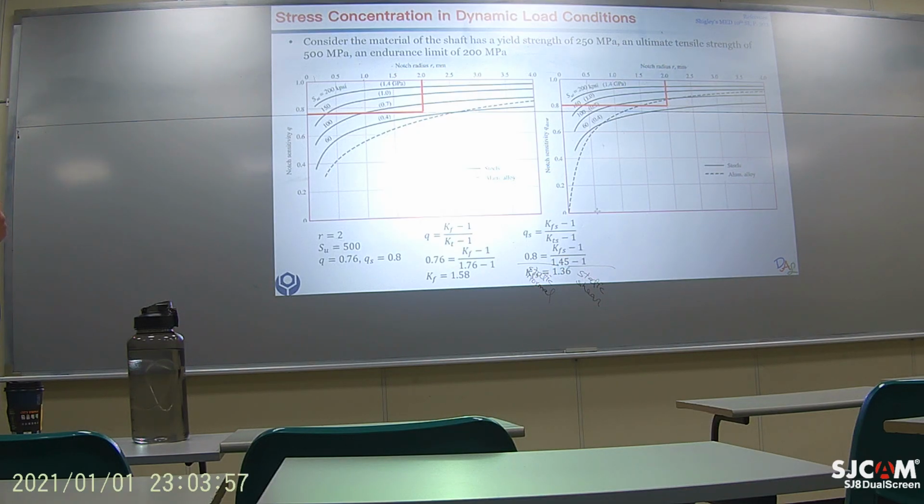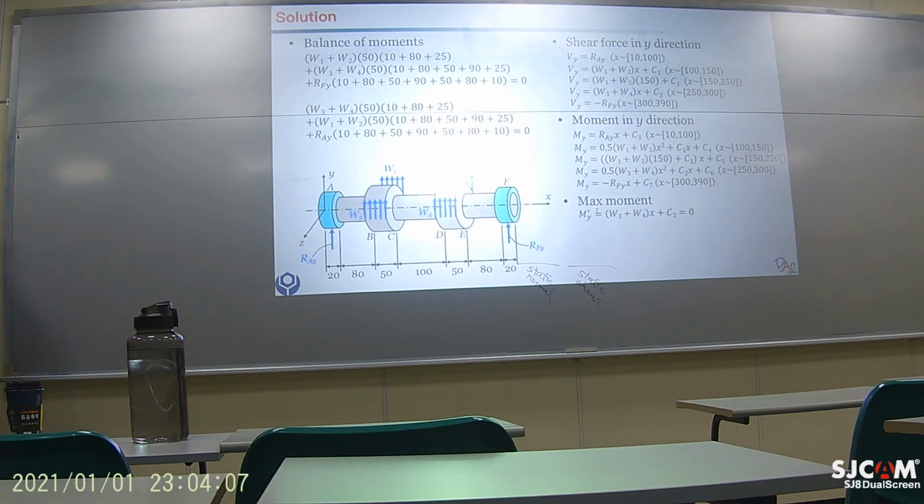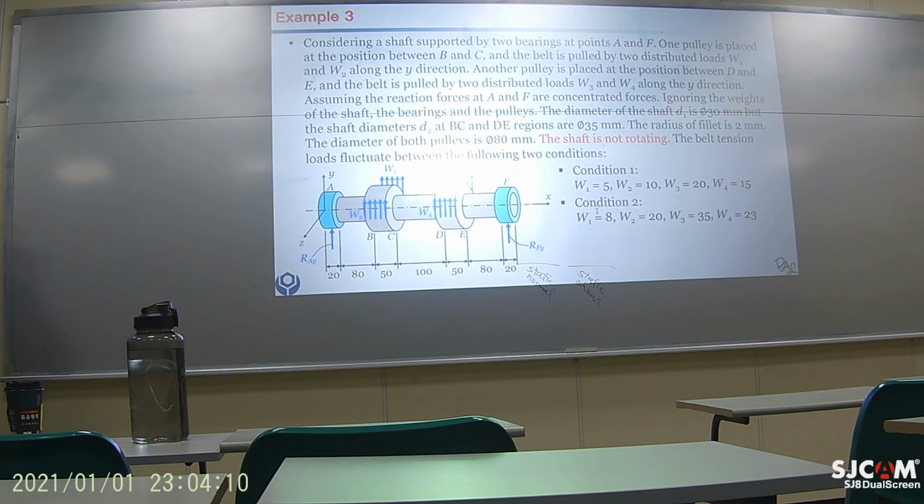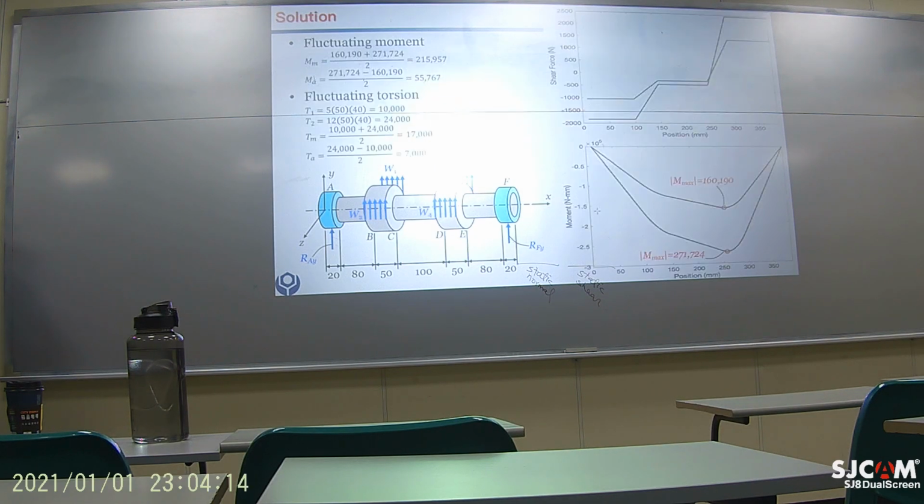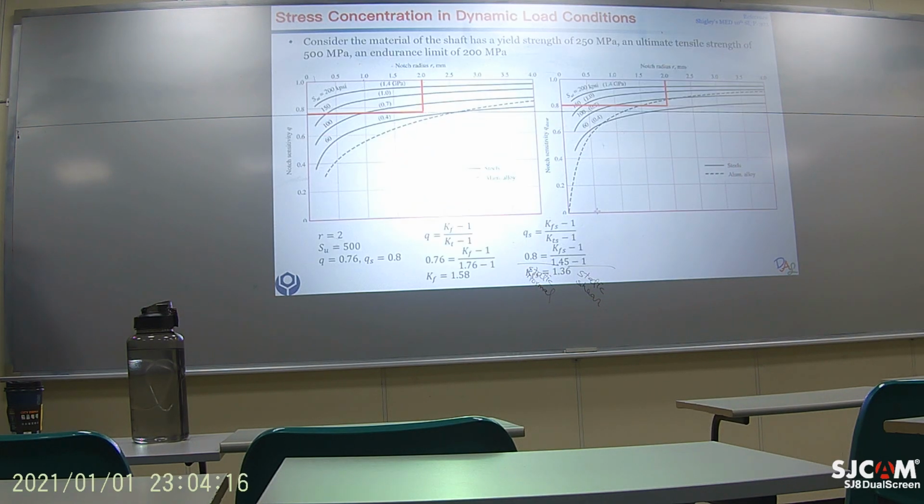Okay. And we will be basically, I think we are just using, okay. Did the problem mention it is steel? Maybe not. No, I forgot to mention this shaft is made of steel, but the strength of the material is close to within the range of steel.